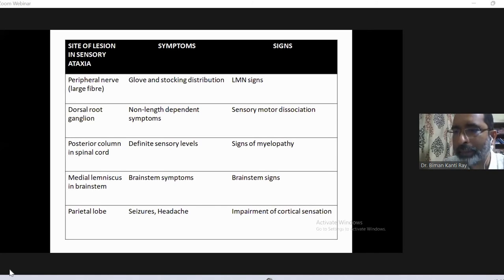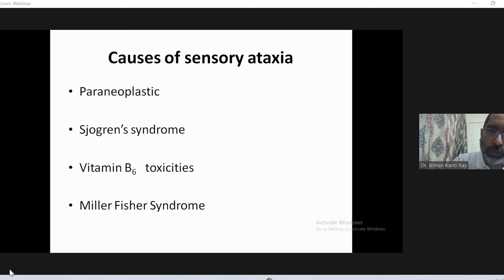And if the ataxia is due to parietal lobe involvement, you get symptoms like seizure, headache, and there may be impairment of cortical sensation. So by that way, from history, examination, and particularly focusing on distribution of symptom and associated symptom, you try to differentiate which part of sensory system is involved in sensory ataxia.